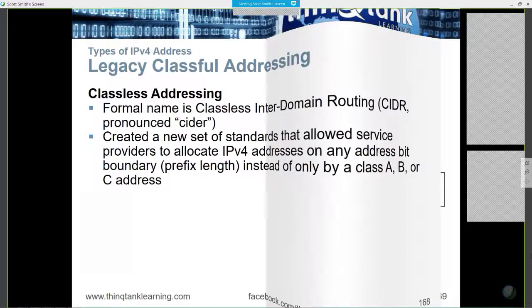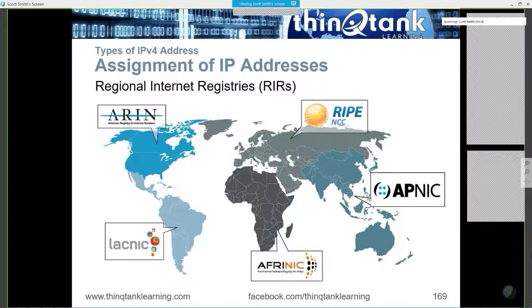Who assigns these addresses? Well, we have 5 regional internet registries. Of course, we know who the top guy is, right? The chief of all of them is the IANA, Internet Assigned Numbers Authority, or whatever the heck it stands for.